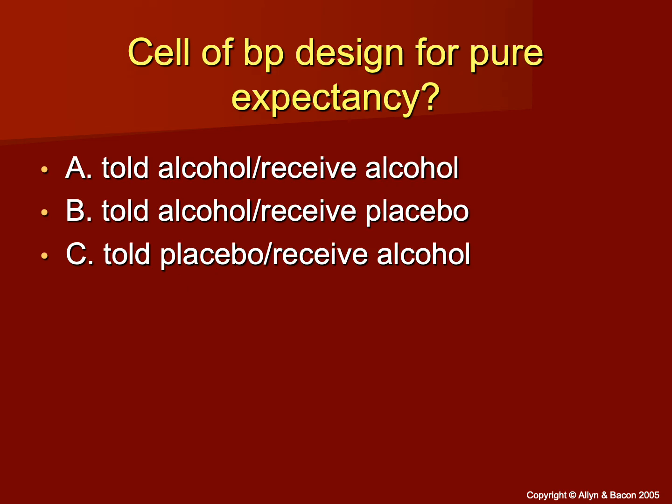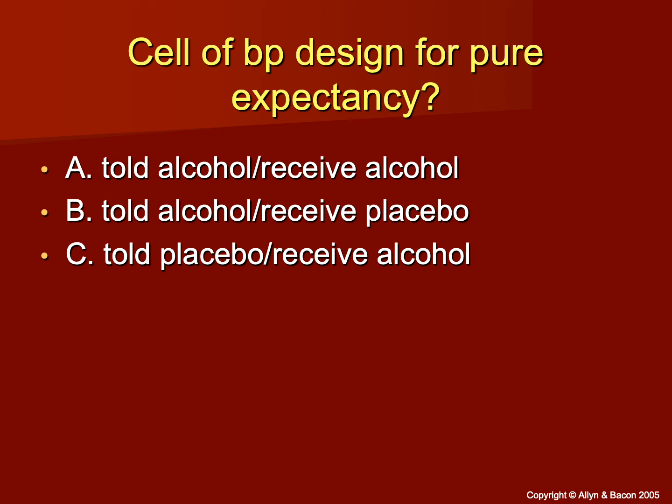Okay, so here's a little item I'm likely to ask, if not this exact one, an item just like this on the test. It says, which cell from the balanced placebo design would you look at to get a feel for pure expectancy, right? Only expectations. And so I have A, told alcohol, receive alcohol; B, told alcohol, receive placebo; or C, told placebo, received alcohol.